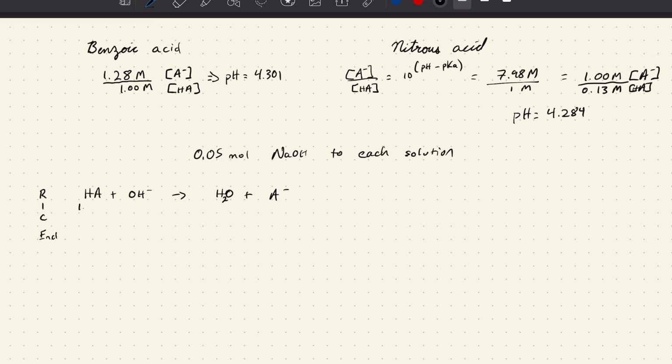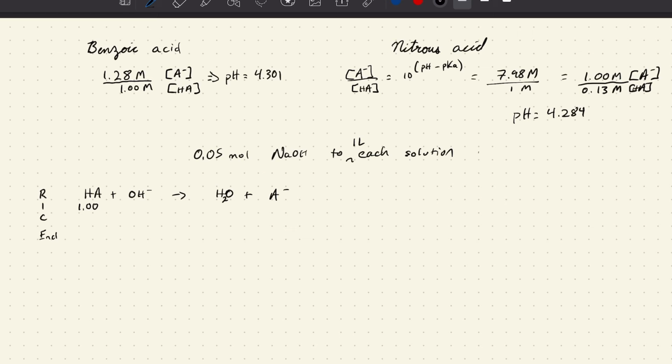So we're starting with, remember this one needs to be in moles, but I'm going to do 1 liter of each solution. And that'll make my calculations a lot easier. That way, the molarity and the moles are equal numbers.